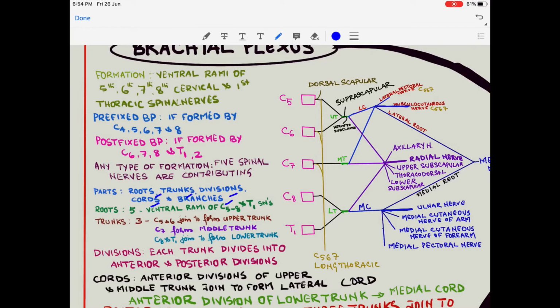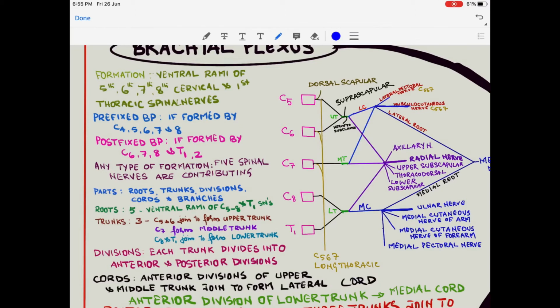The medial cord is formed by the anterior division of lower trunk. The posterior cord is formed by posterior division of upper trunk, middle trunk and lower trunk. Now the branches. The branches are from the respective cords. The lateral cord has 3 branches.